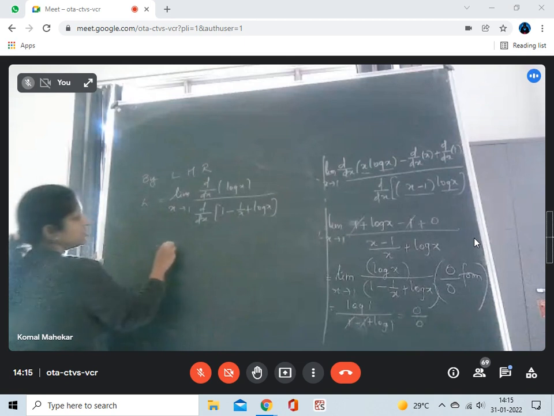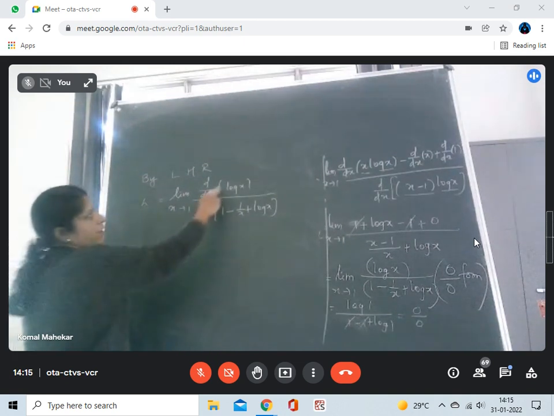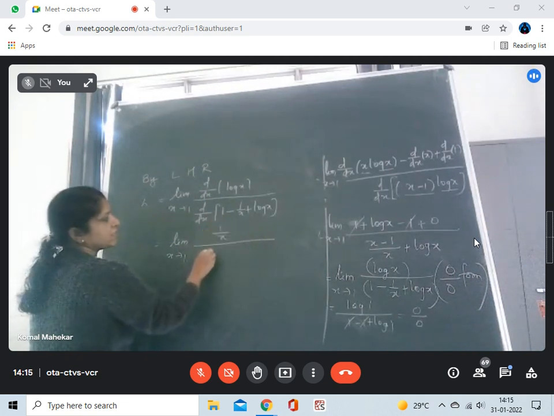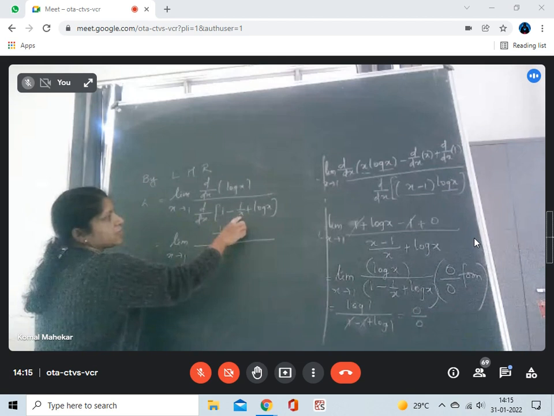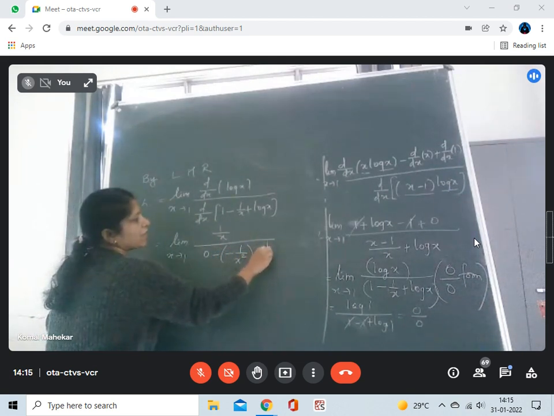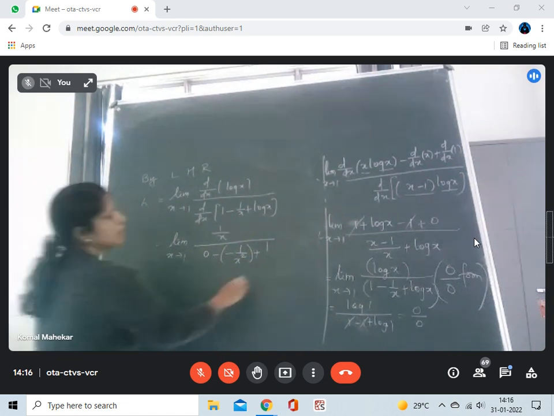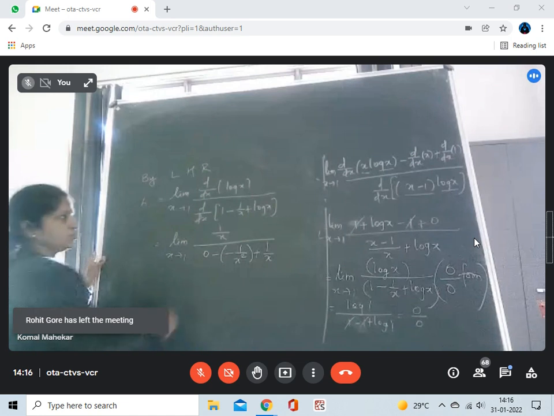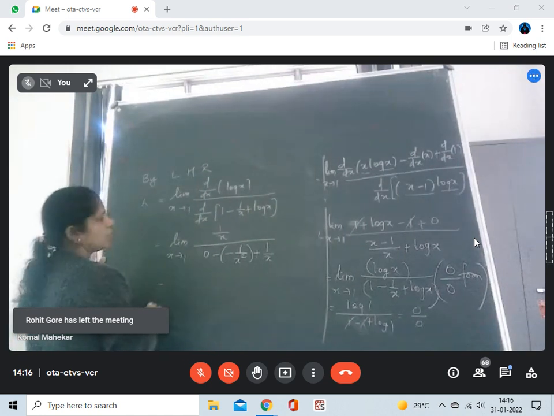Okay, now find out the derivative. The derivative of log x with respect to x is 1 by x, divided by the derivative of 1 which is 0, the derivative of minus 1 by x which is plus 1 by x square, and the derivative of log x which is here 1 by x.